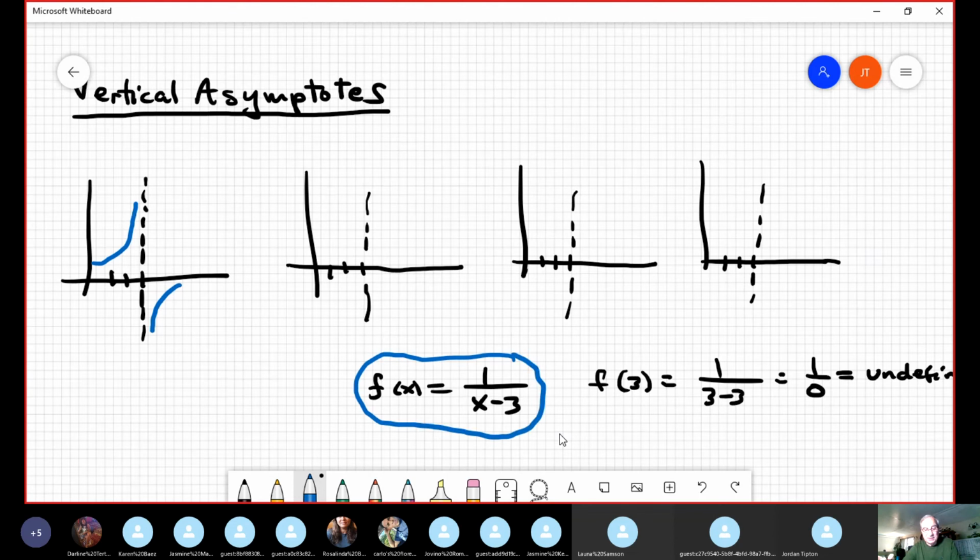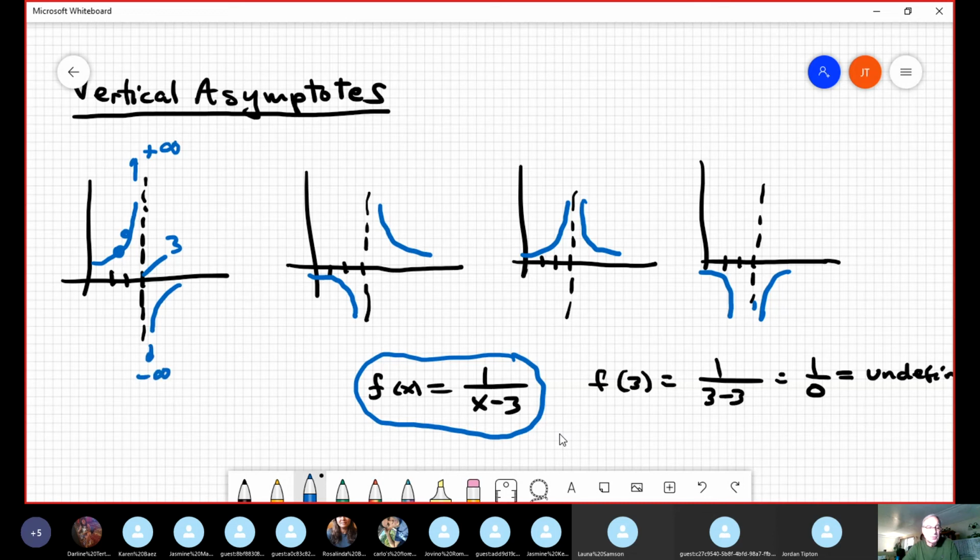Don't worry for this example. We cover several examples, but we have different possibilities. One possibility is like that. Another possibility is like that. Another possibility is like that. But the most important I want to illustrate is that when you approach the value, 3 in this case, the value of the function increases forever. It goes to positive infinity in this direction, or to negative infinity.